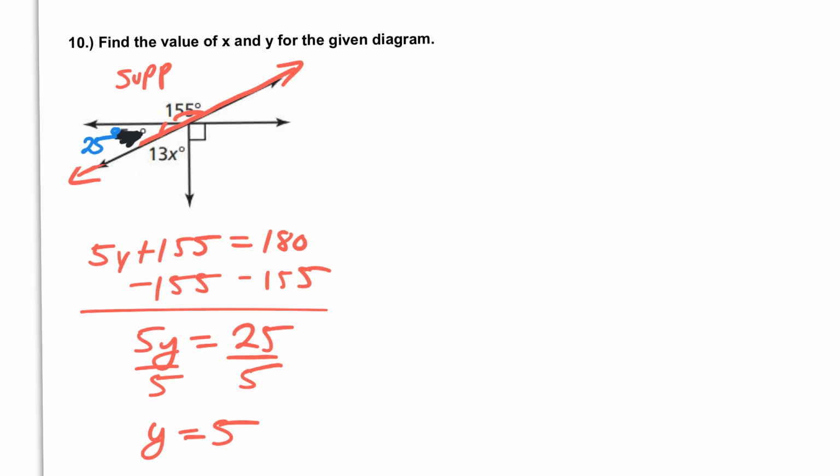So taking a look now, if we want to find x, these two angles right here, this 25 degree angle that we just found and that 13x angle, create a right angle, which means they're complementary. And when the angles are complementary, we can write the equation like this. So we're going to add up 25 plus 13x, and that needs to equal 90 degrees for complementary.